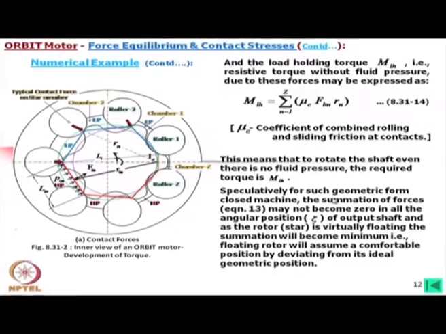Speculatively, for such a geometric form-closed machine, this summation of forces may not become 0 in all angular positions of shaft rotation, and the rotor is virtually floating. As the rotor is virtually floating, the summation will become minimum. The floating rotor will assume a comfortable position by deviating from its ideal geometric position, which I have explained.